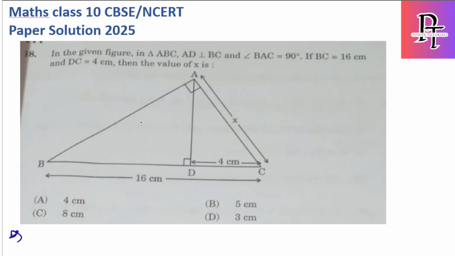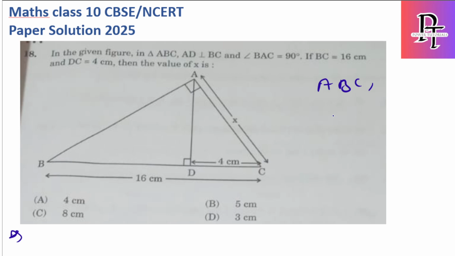Again a triangles question, so definitely it should be a similarity question. In triangle ABC, AD is perpendicular to BC. BAC is 90 degrees. BC is 16, the bottom one. DC is 4. They're asking the value of X. For this, I will use the similarity concept, because I'll check triangles ABC and ADC.